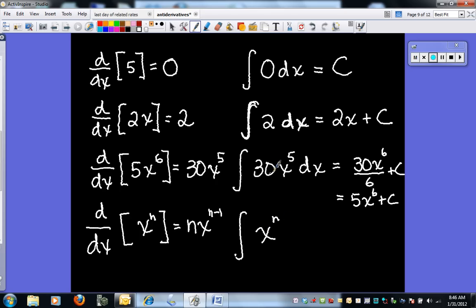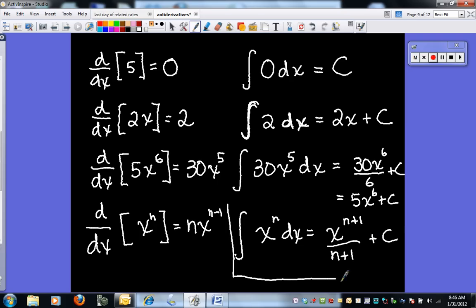But if I have any type of integral, what is the formula going to be? Well, we're going to take our exponent, add 1 to it, and divide by that new exponent. And we can't forget our plus c. So it's a basic integration rule.